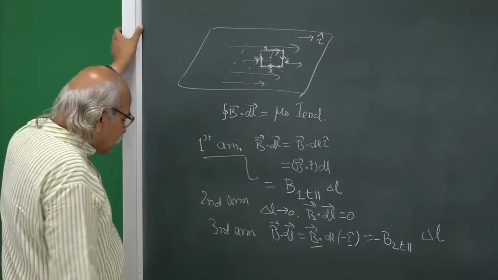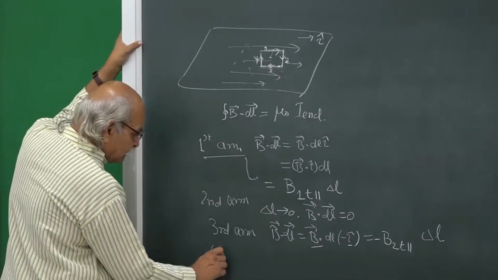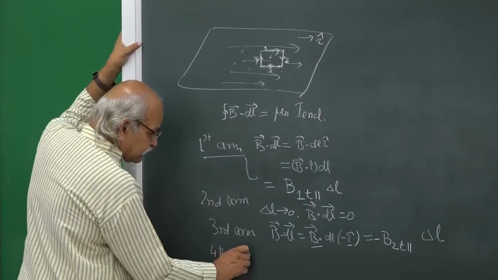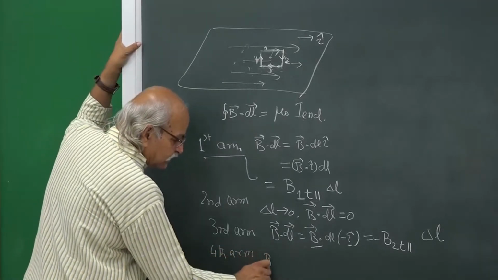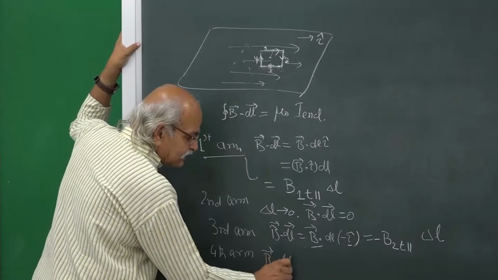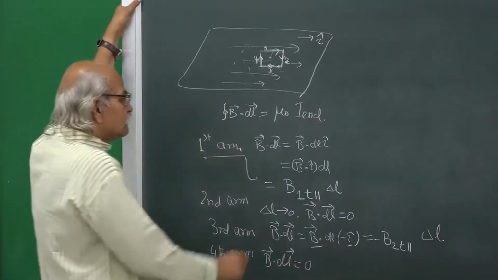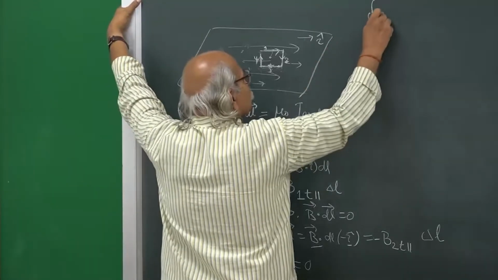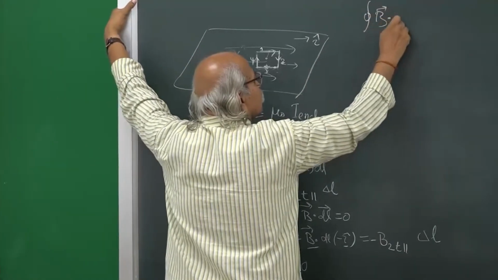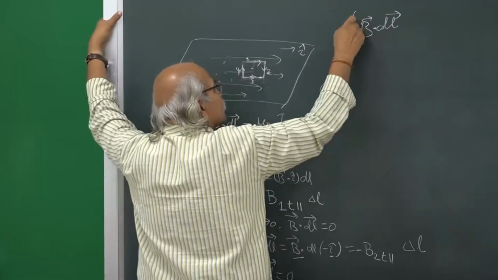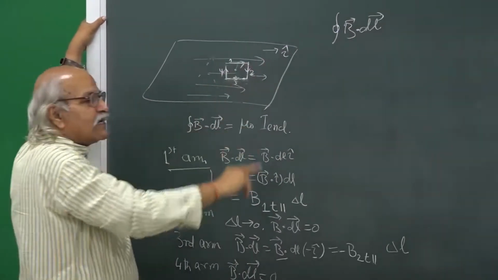Now, the fourth arm is 0, this B dot dl is 0, because the length itself is going to 0. What is the total B dot dl? This circle means now I am talking of the entire loop.